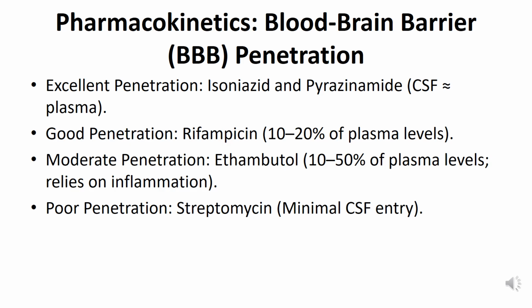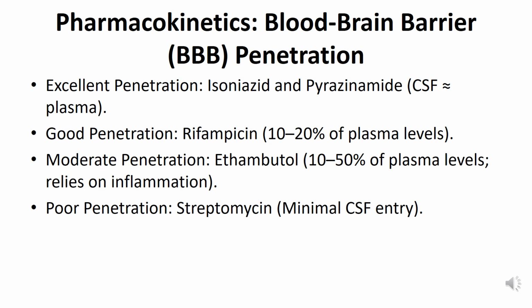Ethambutol achieves moderate penetration, especially during inflammation. Streptomycin, however, enters the CNS poorly and is therefore less effective for infections located behind the blood-brain barrier. Understanding these differences helps explain why specific drugs are chosen for the treatment of tuberculous meningitis and other forms of CNS tuberculosis.